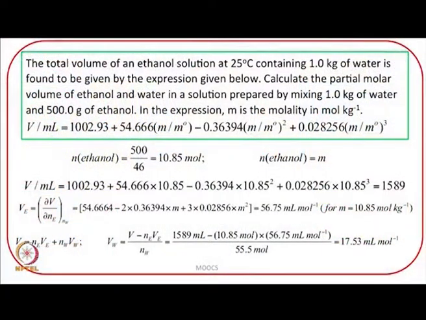And what we find here is, when you mix 10.85 mole of ethanol with 1 kilogram of water, the partial molar volume of water is not 18, it is 17.53 milliliter per mole. So, these changes in partial molar volume are indicators of the difference in the packing of molecules in the solvent. We will discuss it further.